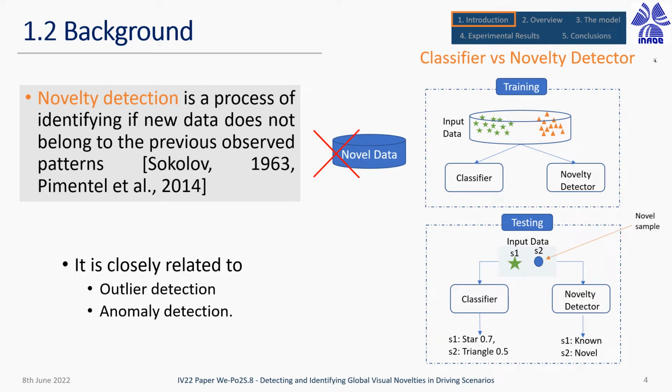It is worth noting that in testing, when a novel sample is presented, the classifier will assign a known class to the sample. Novelty detection is closely related to outlier detection and anomaly detection.